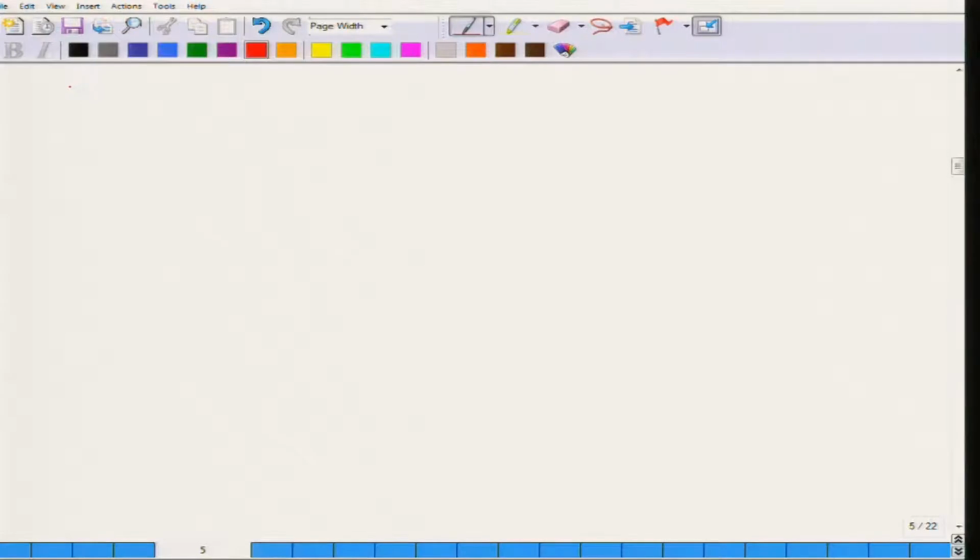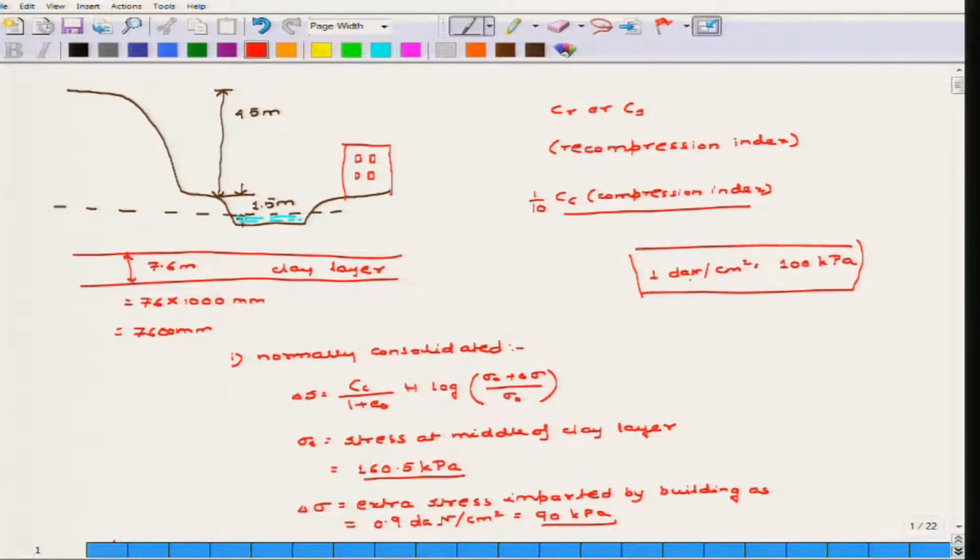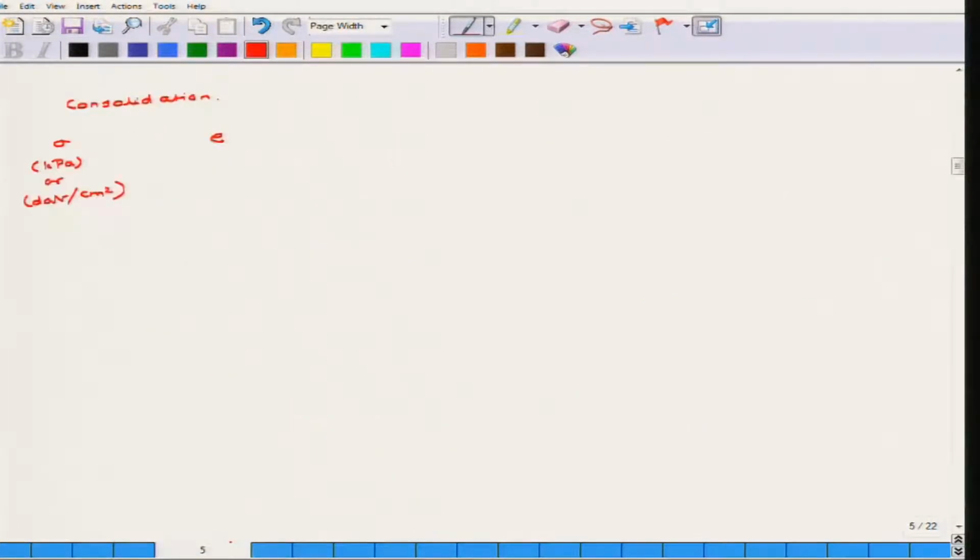The results of the consolidation test are given here, where this is the stress and this is the e. The stress is given in decanewton per centimeter square, and as we have already said in the beginning, 1 decanewton per centimeter square is 100 kPa. So, if I am going to use decanewton per centimeter square, just multiply by 100, you will get the value in kPa, and e has no units.